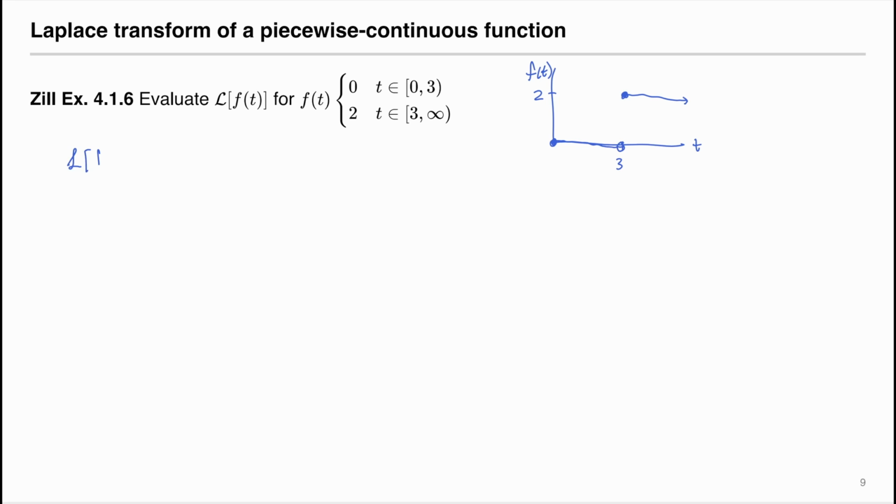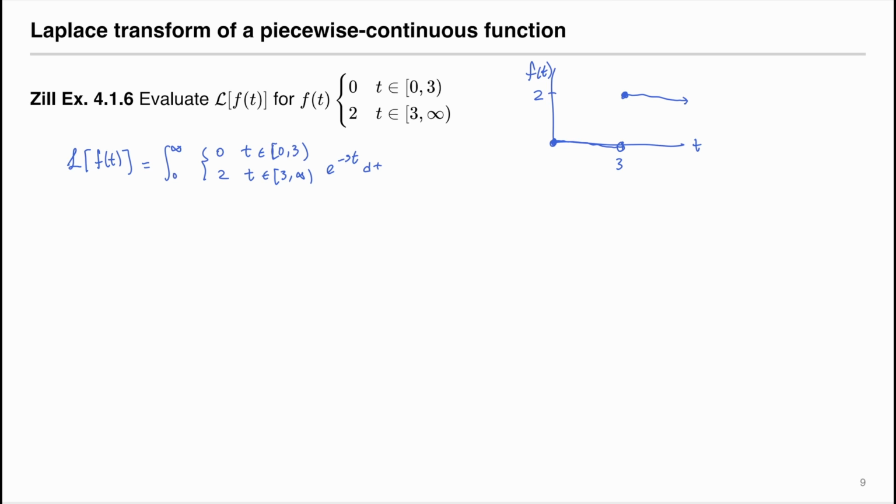So the Laplace transform of this piecewise function, again, we use the definition by integrating from 0 to infinity of 0 when t is in 0 to 3, and 2 when t is 3 to infinity, multiplied by e to the negative s of t dt.